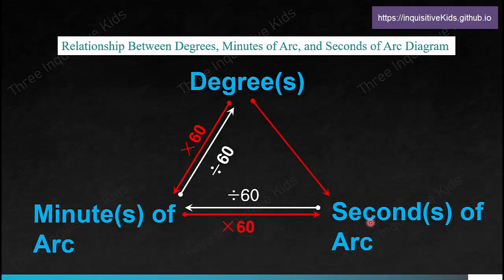And degrees: a degree going down into seconds of an arc is times 3,600, because there are 3,600 seconds of arc in 1 degree. And the other way around is divided by 3,600. Voila, that's the relationship between degrees, minutes of arc, and seconds of arc diagram. You don't have to memorize it, and you won't have to if you jot this down, so right now I'm waiting. All done? Okay.